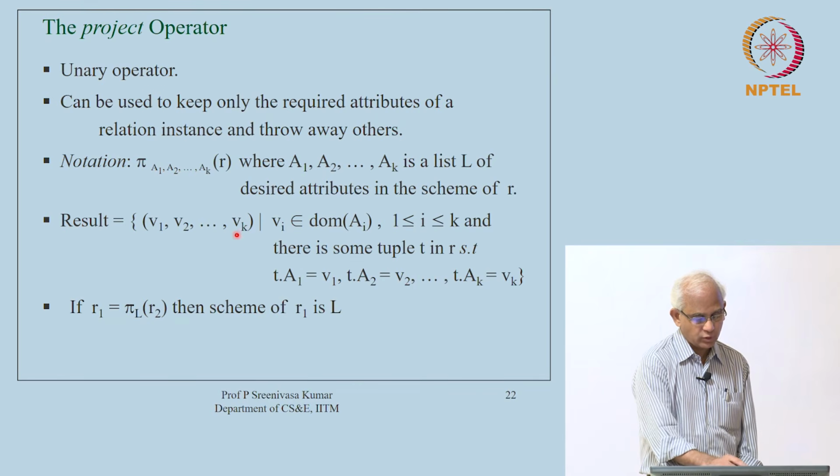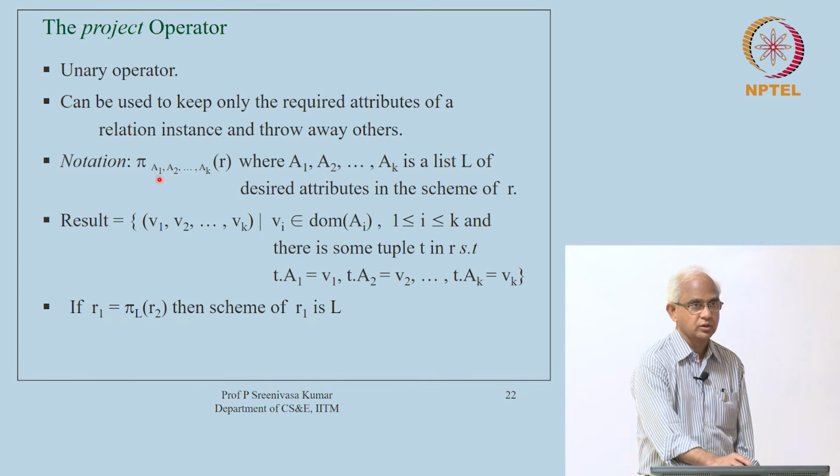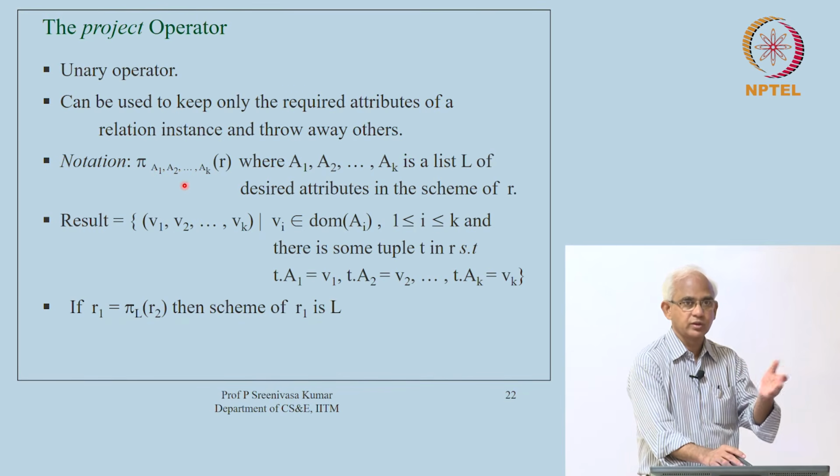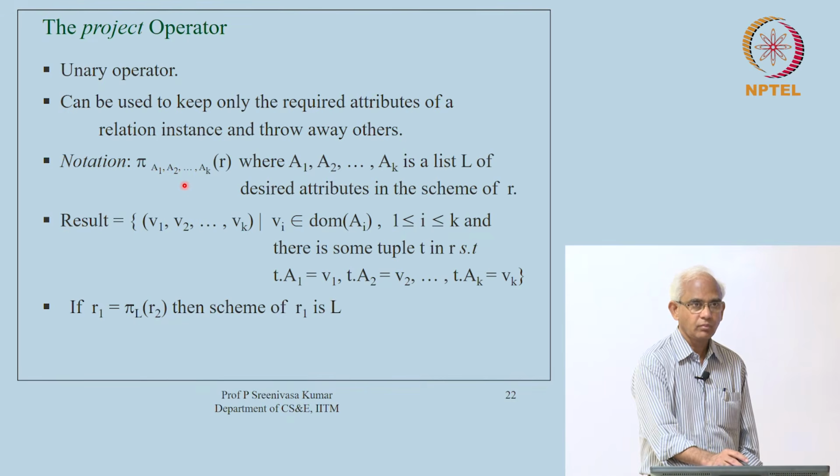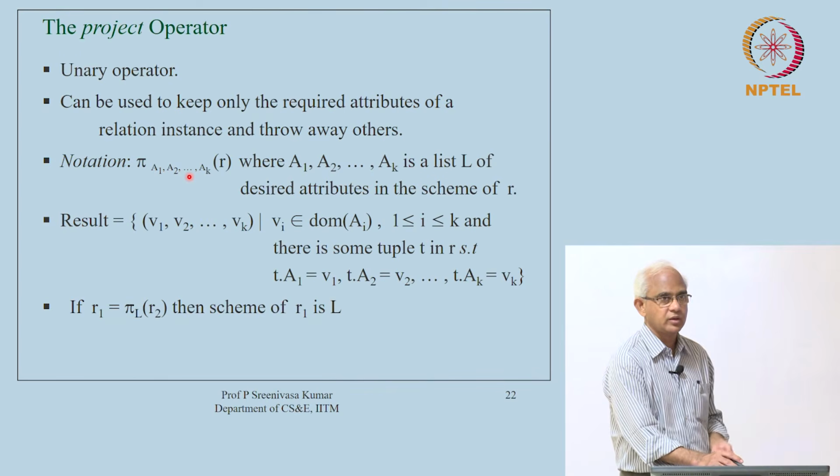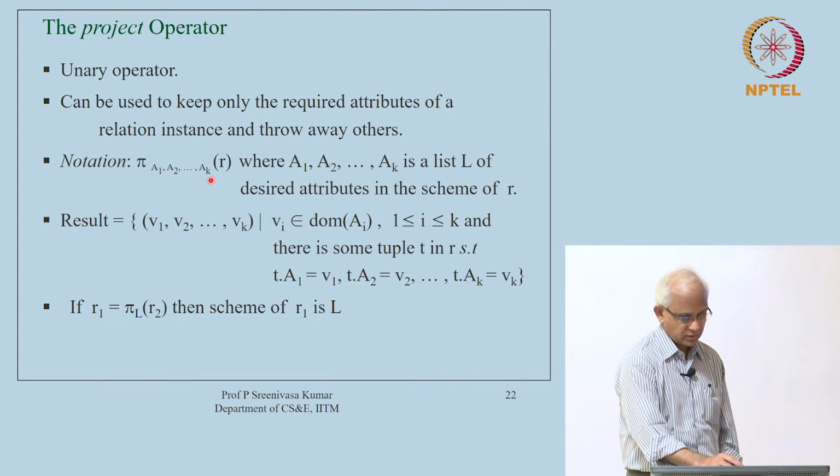What is the scheme of the output? The scheme of the output is this projection list, right, because that is what you are projecting. These are the attributes that you have chosen, the remaining attributes are all being thrown away. So, it is kind of obvious that the schema for the output is this projection list.